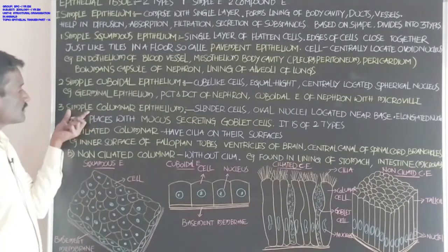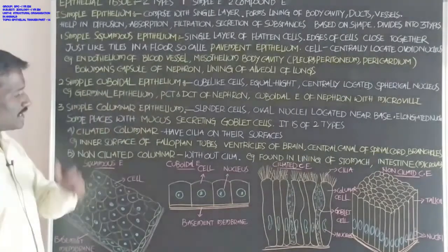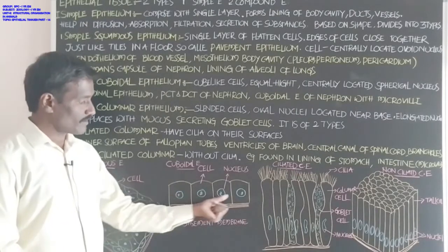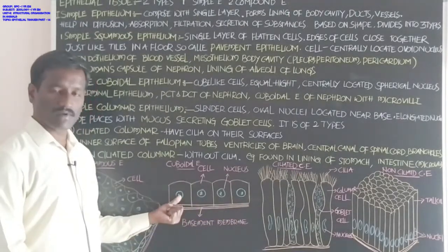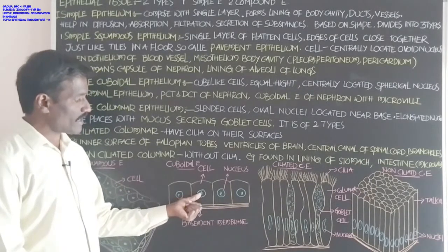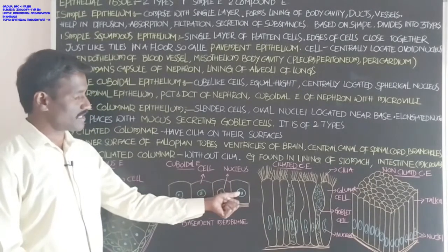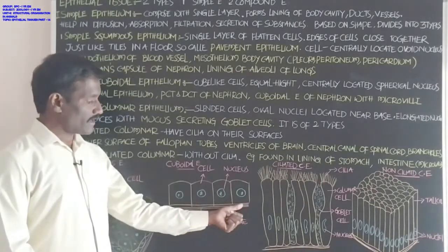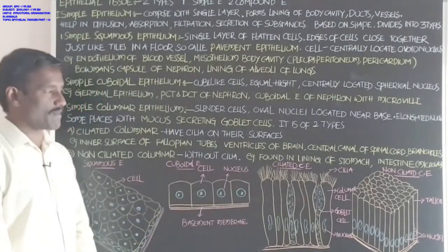Next, simple columnar epithelium. Students, this is the diagram of simple cuboidal epithelium. All the cells have a similar height, with a centrally located, spherical, round nucleus, lying on the surface of the basement membrane.